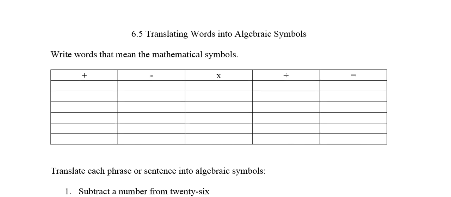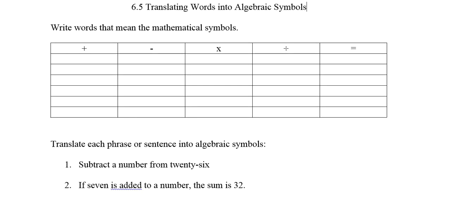We're continuing on in Chapter 6, and this video will be just working on how to translate the words in the story problems and the situations into algebraic expressions or terms. So one of the things we need to think about is what words mean addition, subtraction, multiplication, division, and equals. You might have some that you already know about.